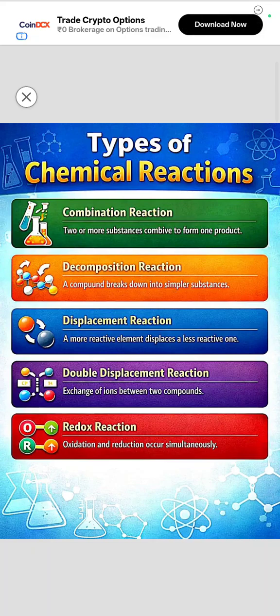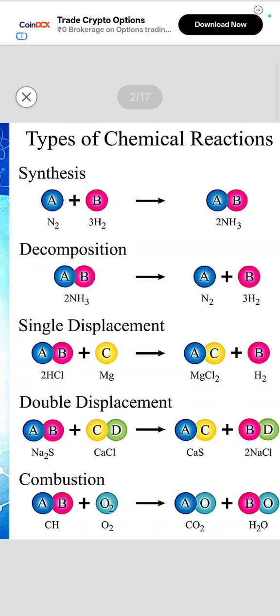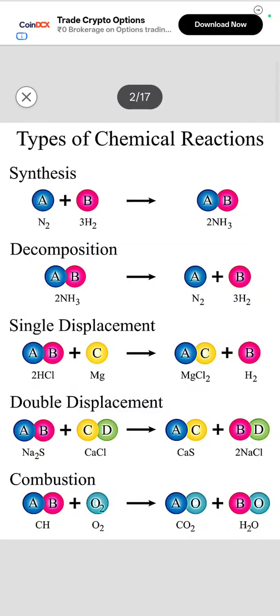That is a combination reaction. The general reaction is A plus B gives rise to AB. Since a new product is synthesized, that's why the combination reaction is otherwise called as synthesis reaction.